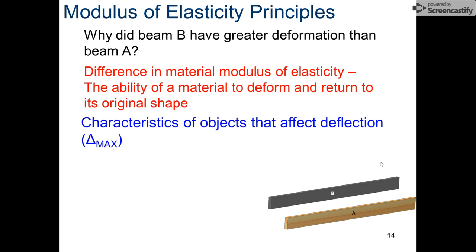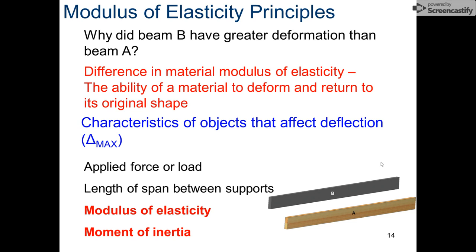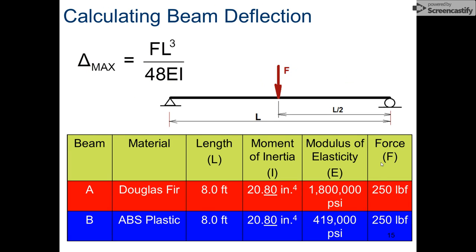So in order to find the characteristics of objects that affect deflection, we are going to use delta max. That's the maximum change, the applied force or load, length of span between the supports, and modulus of elasticity and moment of inertia. So here you could see that the modulus of elasticity is so much greater in the Douglas fir than the ABS plastic. And then here's our formula.